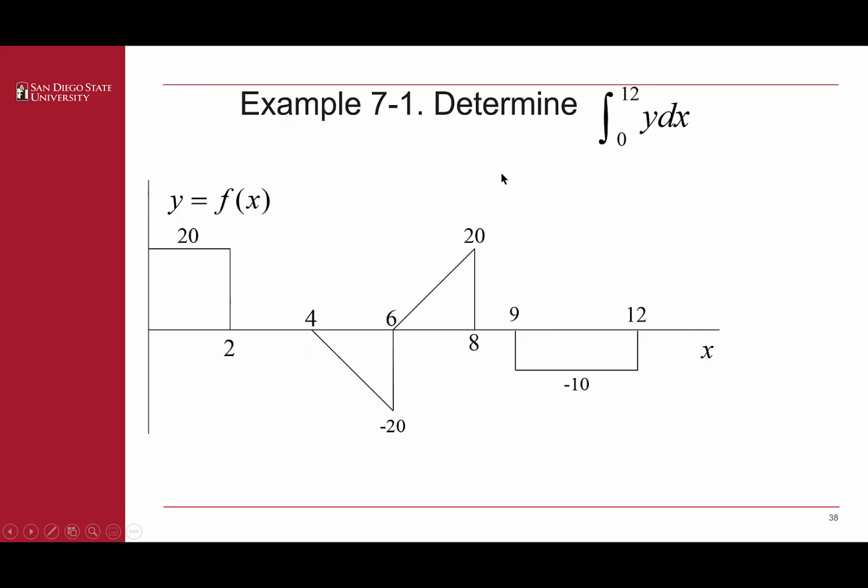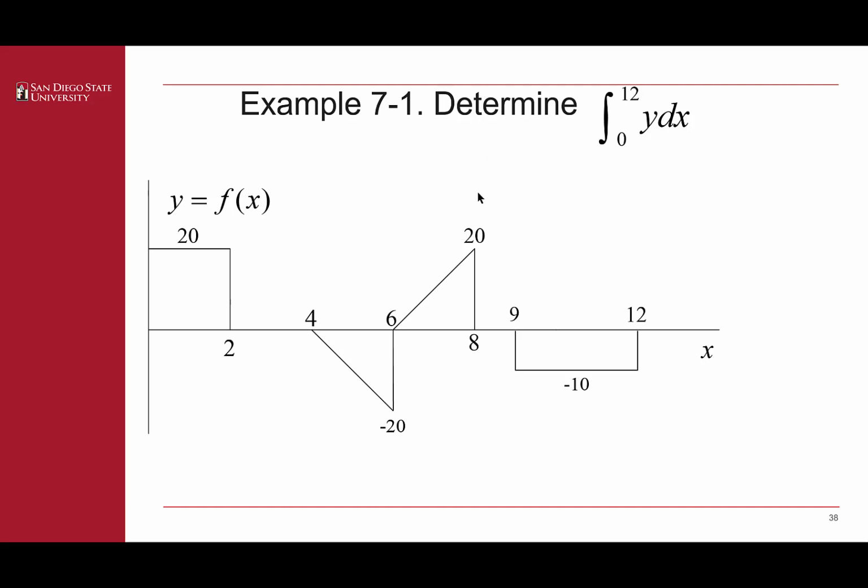Let's see another example. The question asks us to determine the integral of y dx from 0 to 12 with the given function. Y equals f of x is given in the chart, and it's a quite strange graph containing various line segments.